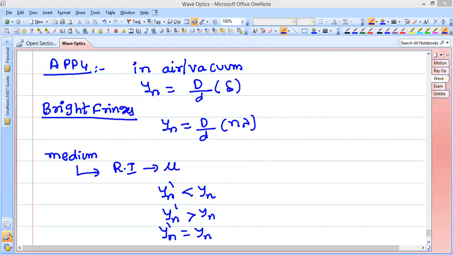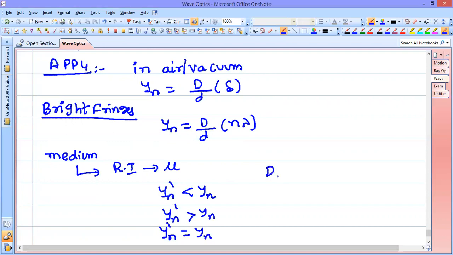So if you do the experiment in air or medium, the distance between slits and the distance between slit and screen will not change. So I can say that capital D, small d, and n will be constants. The only variable quantity is the wavelength. Whenever it is placed in a medium, it will change.